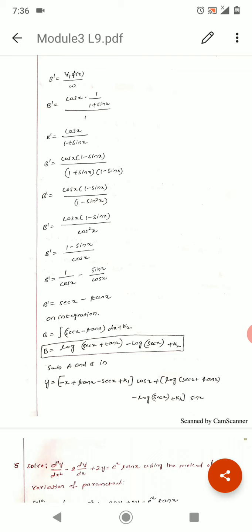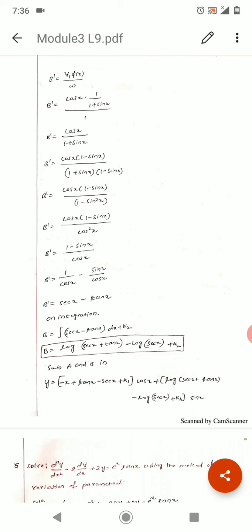So multiply numerator and denominator by 1 - sin x. So in the numerator we have cos x(1 - sin x), and in the denominator again that will become (a + b)(a - b). So that is 1 - sin²x. So 1 - sin²x is cos²x.